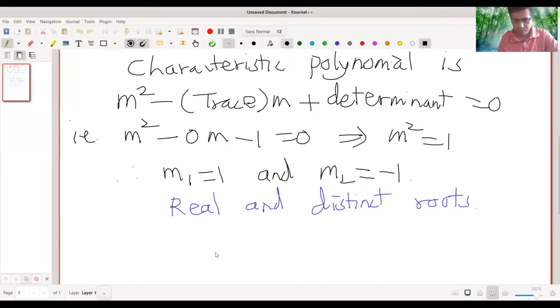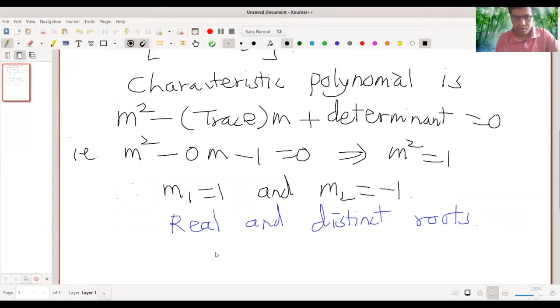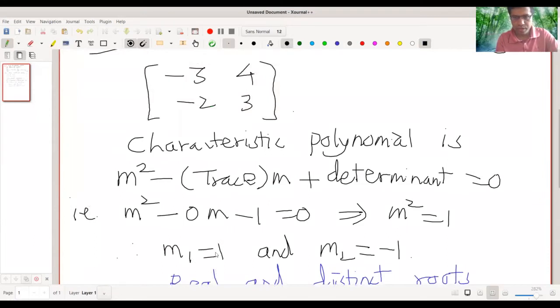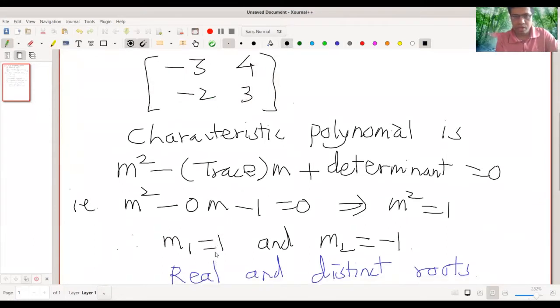Next, we find the constants capital A and capital B using m and this matrix.